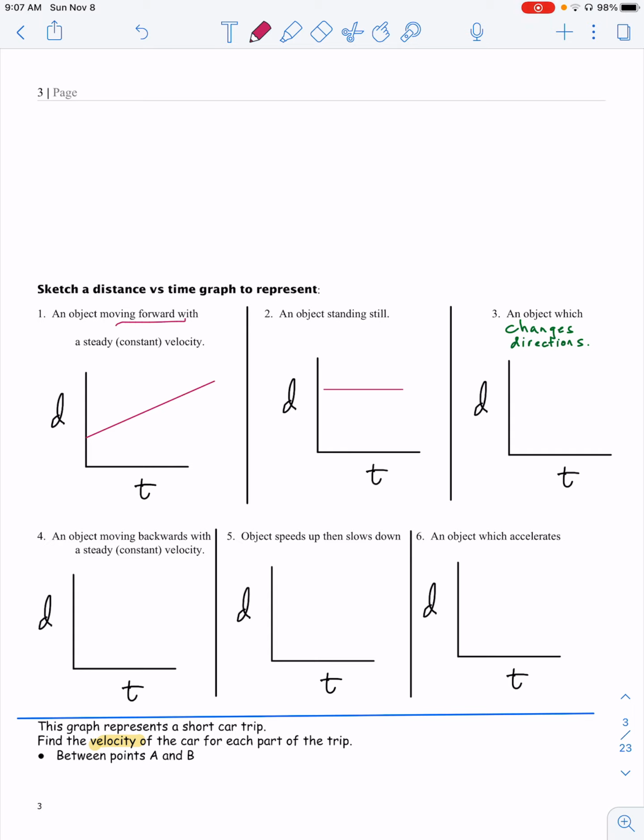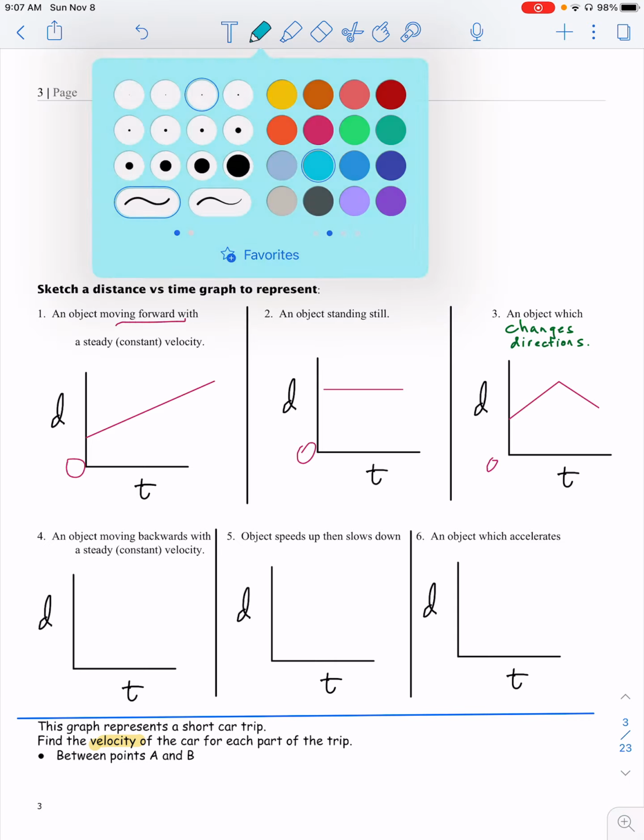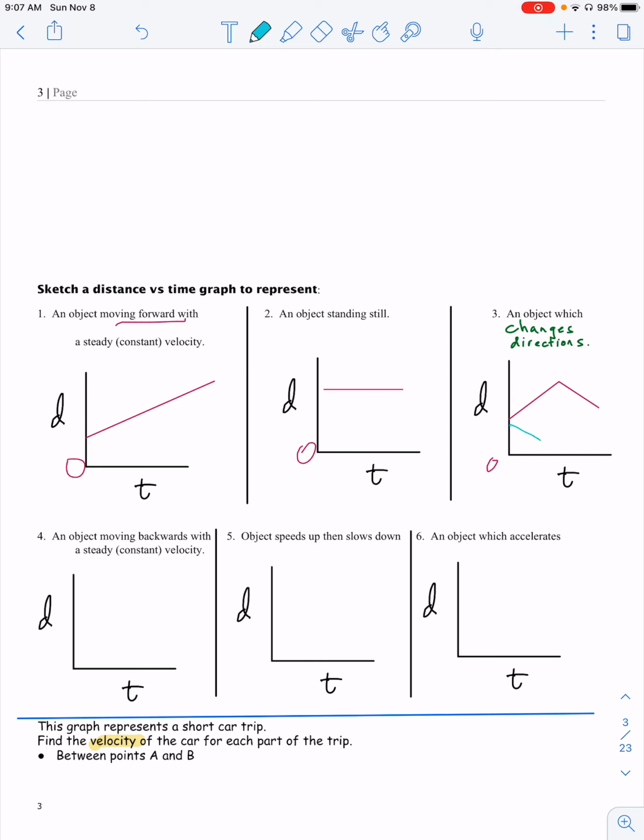Object changes directions. If an object changes direction, it has to go from positive to negative velocity or from negative velocity to positive velocity. So either like this, or you could just as easily have negative velocity going to positive velocity.